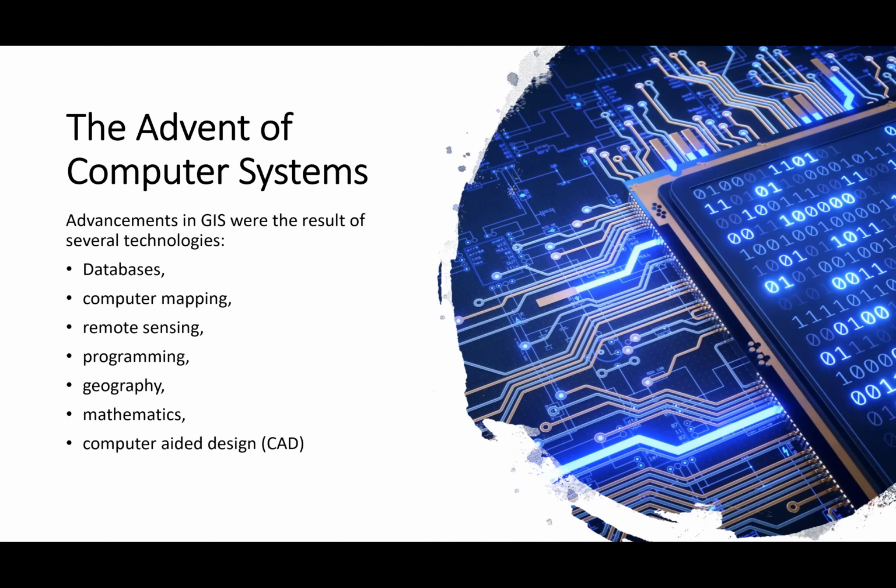Advances in geography, again, with the types of information that we can collect through satellite imagery, being able to update our geographic models, like our geoid and our spheroid and our datum. Mathematics, what are the mathematical algorithms and calculations that we can use to study these phenomena. And then computer-aided design, I'd mentioned AutoCAD. Computer-aided design is more kind of structural.